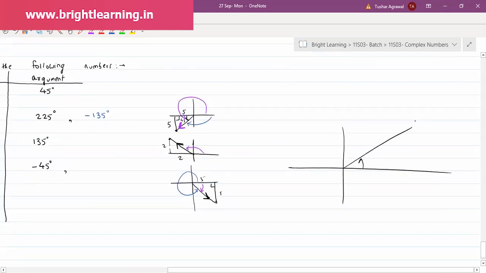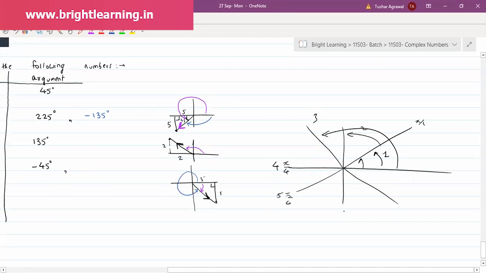See, the table of pi by 4 is something like this: 1 times pi by 4, 2 times pi by 4, 3 times pi by 4, 4 times pi by 4 means actually pi, 5 times pi by 4, 6 times pi by 4, 7 times pi by 4, and this is 8 times pi by 4.